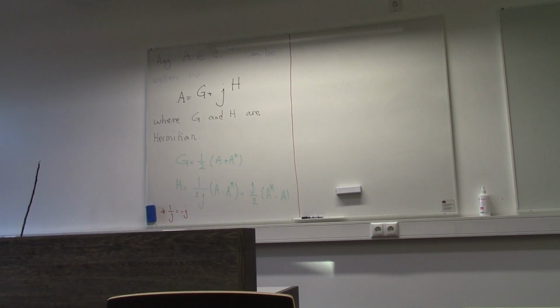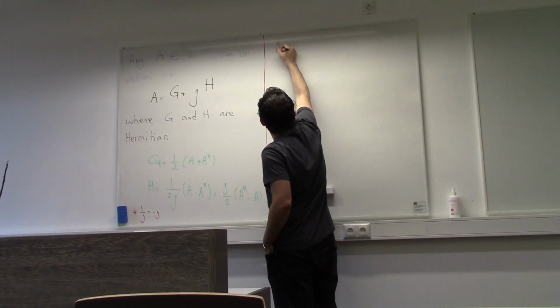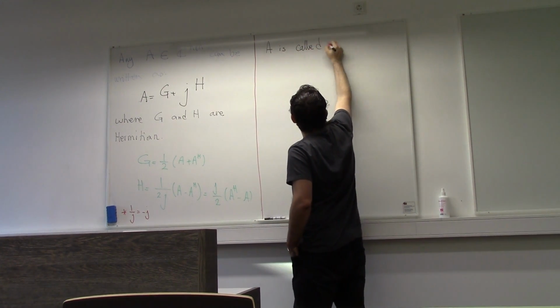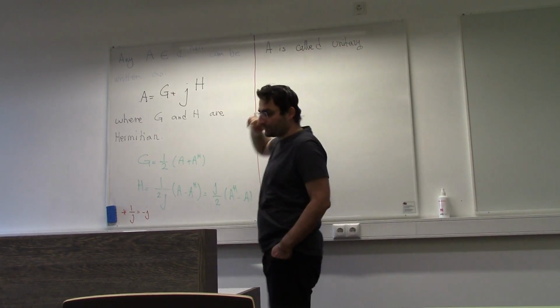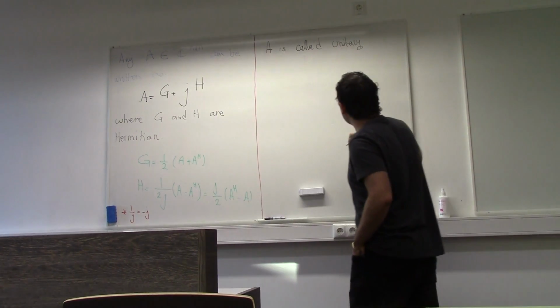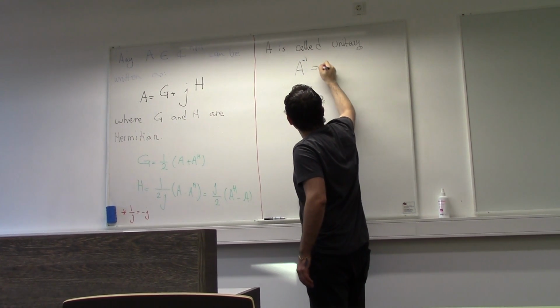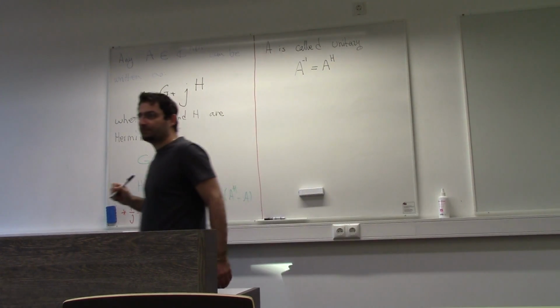We have two more definitions. A is called a unitary matrix. So A is unitary if A inverse is equal to A Hermitian.